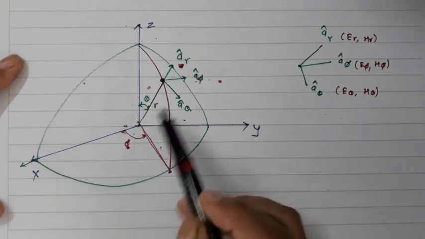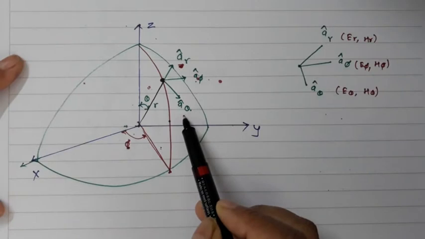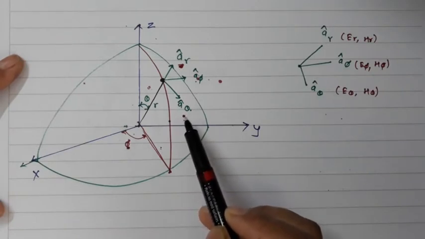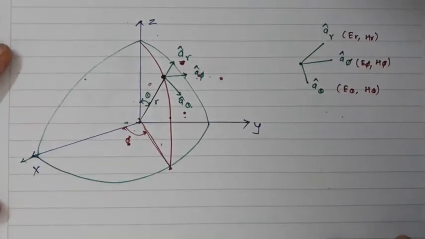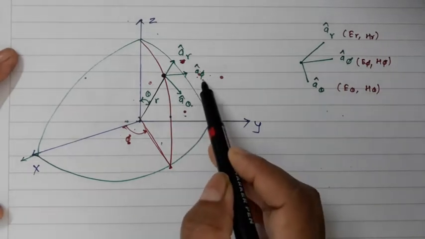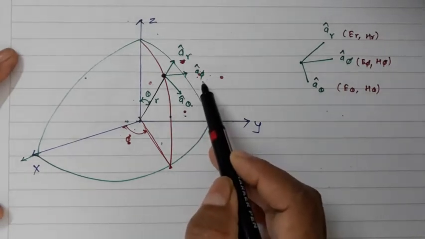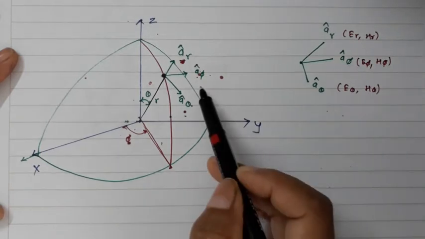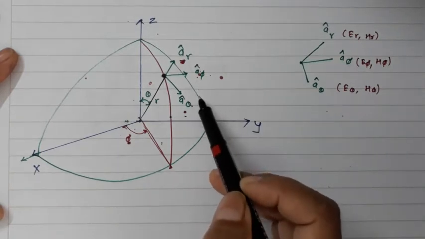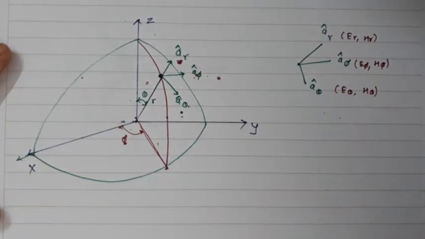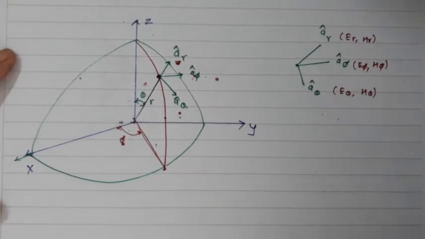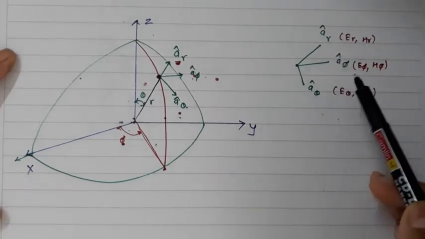The unit vector A theta is normal to the conical surface, lies in the phi equals constant plane, and is tangential to the spherical surface. The unit vector A phi is the same as in the cylindrical coordinate system. It is normal to the phi equals constant plane and is tangential to both the cone and the sphere. So this is how you are going to resolve your point P in the directions of r, theta and phi.